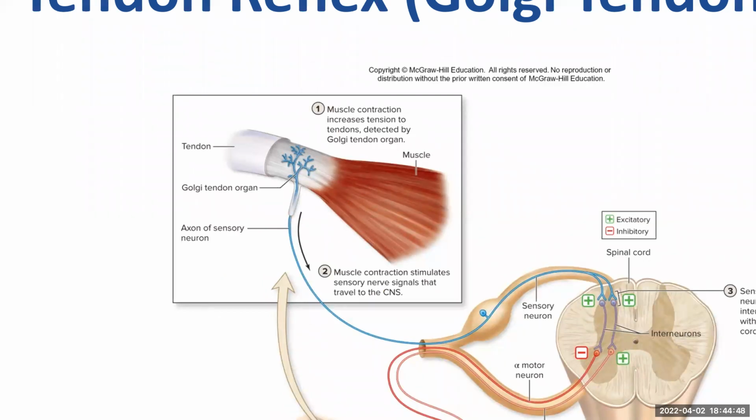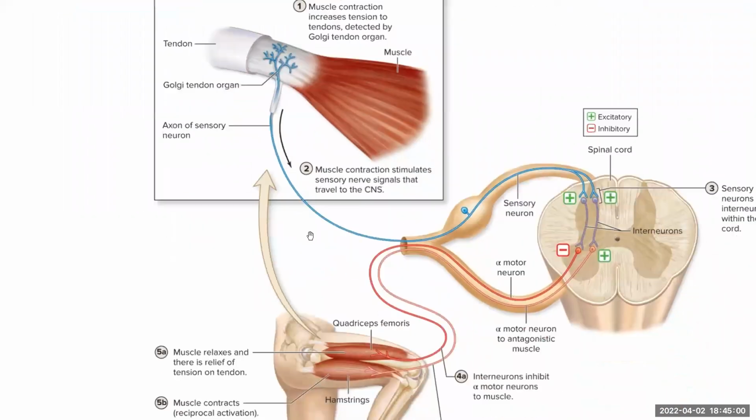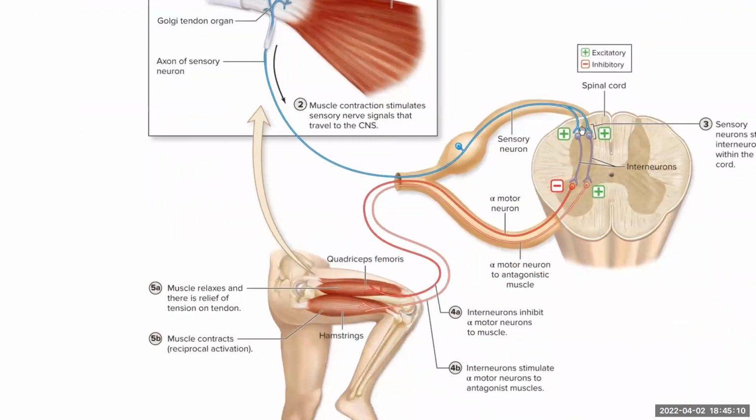And if it's generating too much tension, we don't want to tear the muscle or damage that tissue. So when this is going on, that sensory information generated by the Golgi tendon organ will travel towards the spinal cord, enter the spinal cord through the posterior root here, and it'll synapse onto an interneuron.